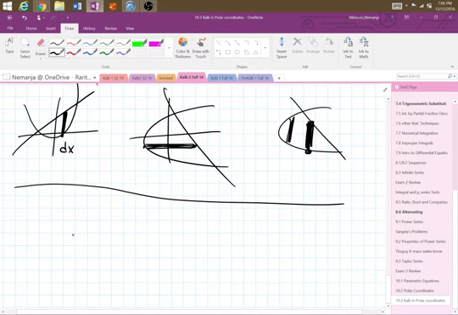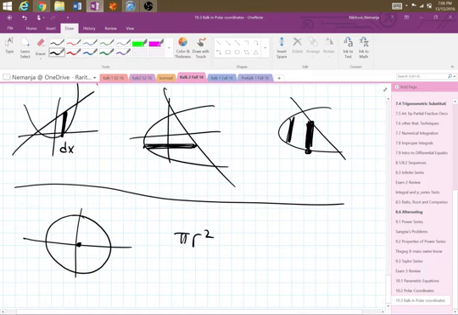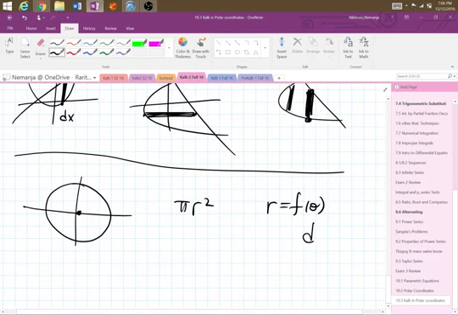So if I want to find the area of the circle, we know that in polar coordinates, the area of the circle is pi r squared. And we know that the main variable, right, that r is equal to f of theta. So the integral must be d theta because the main variable is theta. That should be common sense.